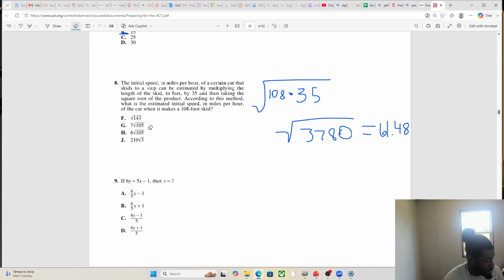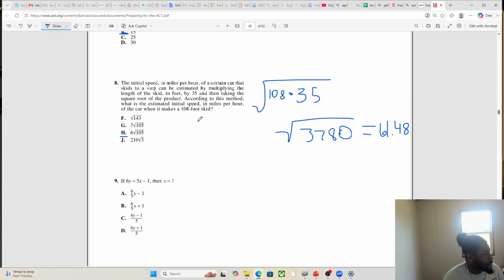For G, I got 71.73. That's not it. I'm assuming you guys are working along with me if you haven't already worked it out. All right, so I got the same decimal for H.